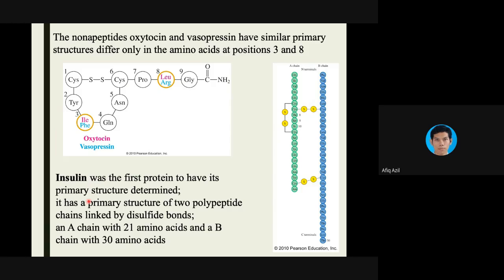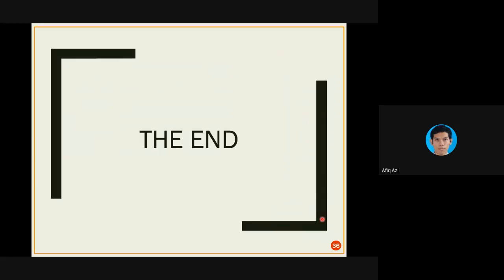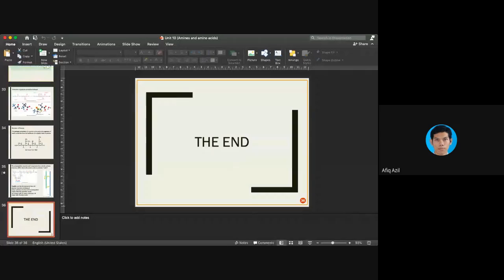So A chain, this one, with 21 amino acids, and B chain with 30 amino acids. 21 and 30. So that is all on the topic of amino acids and also amines.